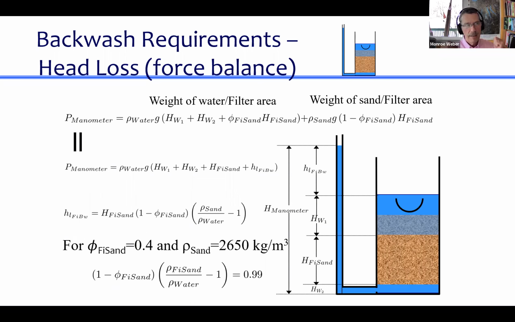Whew, take a deep breath. This means that when you fluidize a sand bed, the head loss through the sand bed is equal to the height of the sand before you fluidized it.